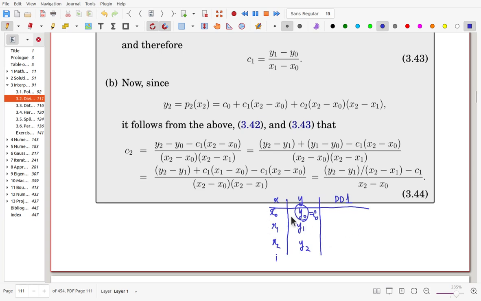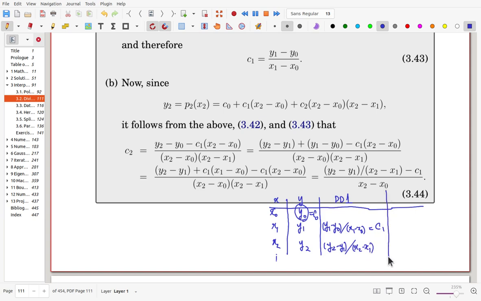So here we put y1 minus y0 divided by x1 minus x0, and that is c1, right? Also we do one more computation here, y2 minus y1, the same way, this difference divided by that one. So for the next pair of points we get y2 minus y1 divided by x2 minus x1.